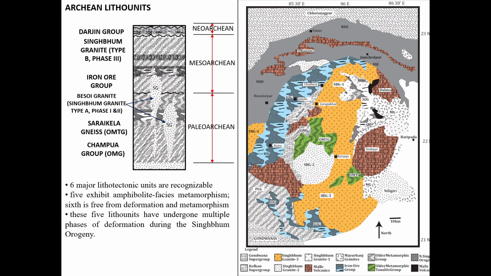Now the five lower units, from OMG to the Singhbhum granite, they have undergone multiple phases of deformation during the Singhbhum orogeny, and thus we now know that the Champua group is the oldest group, while the Singhbhum granite type B, which is the phase 3, forms the larger part of the granitic batholith complex.